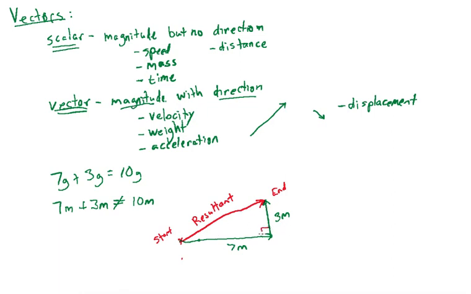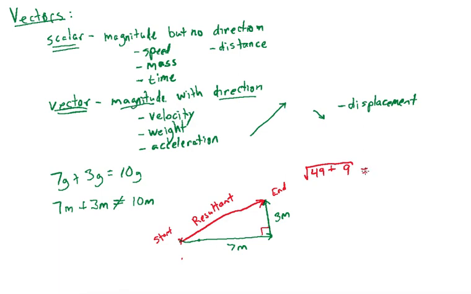Even if this is at a right angle, we could do the Pythagorean theorem: 7 squared plus 3 squared. 7 squared is 49, plus 3 squared is 9, and we take the square root of that, a number right near 60.